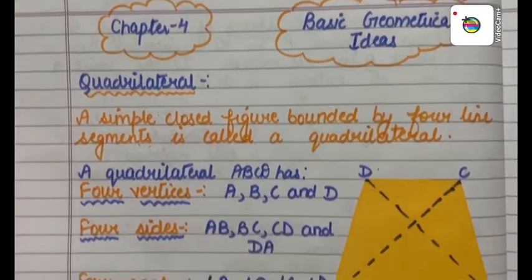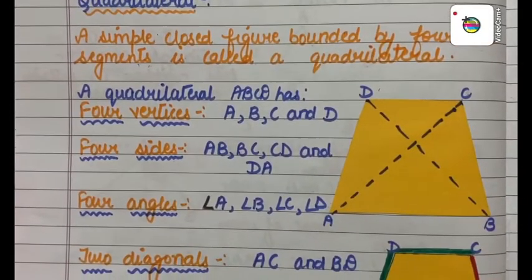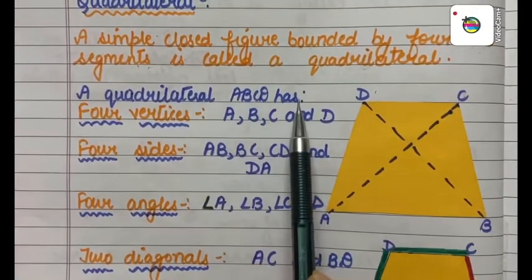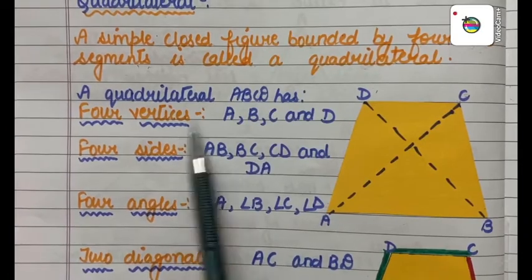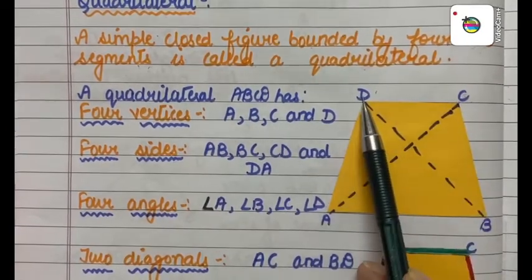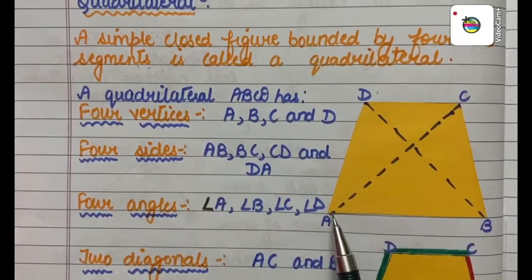So here we are having one quadrilateral, that is ABCD. A quadrilateral ABCD has 4 vertices, that is A, B, C and D. Vertices, as we know, are the common joining points.